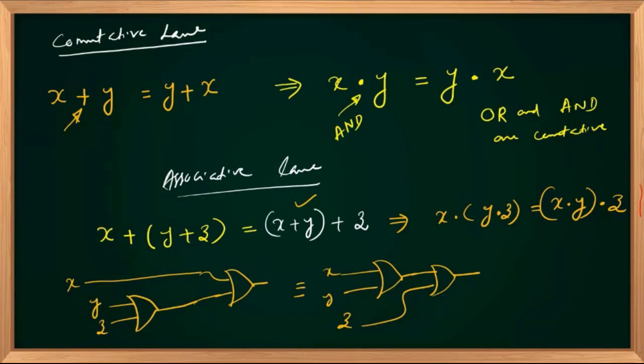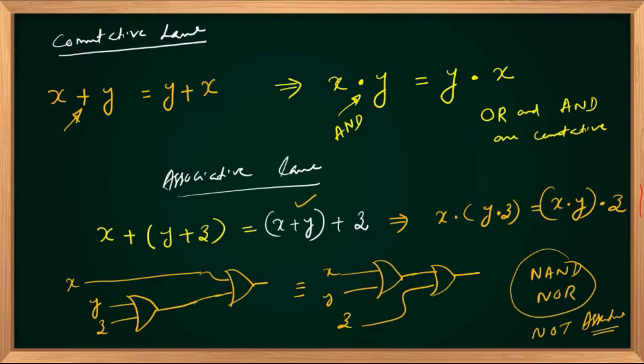But you should remember here, three input NAND and NOR operators are not associative. You should remember this. NAND and NOR operations are not associative.